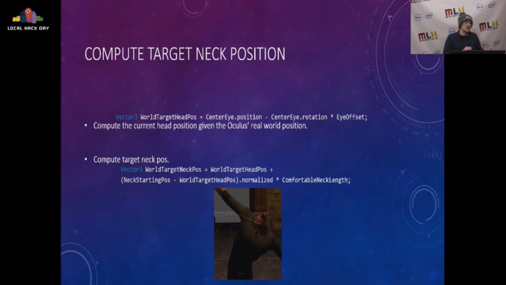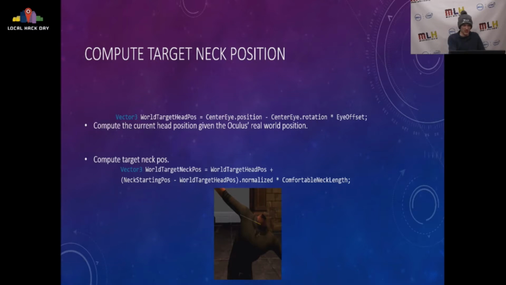And then we want to compute the target neck pose. The target neck pose is going to be based off of the head pose. So remember, we got that comfortable neck length, right? What we try to do is look at the line between where the resting neck position is, which I just call the bind pose's neck position, and where the target head position is. So you have a point in space.